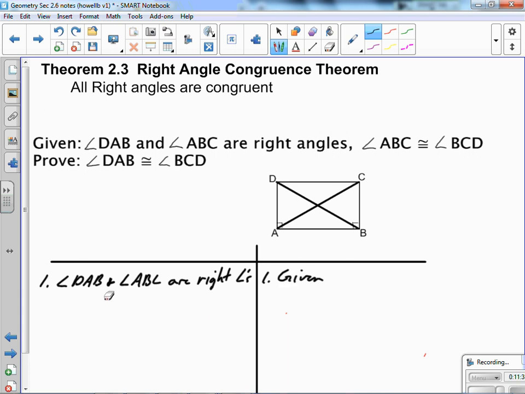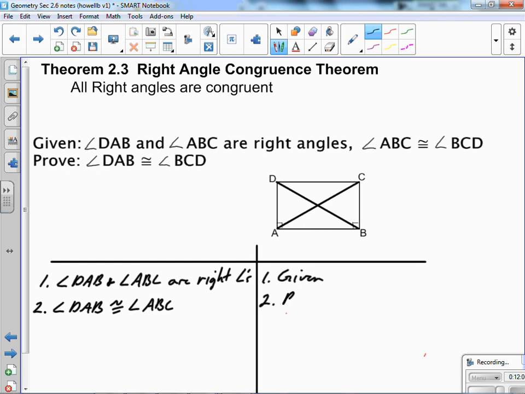And since we know that these two angles are right angles, this theorem right here, the right angle congruence theorem, tells us that those would be congruent. So knowing they're right angles, now we can switch to say that angle DAB is congruent to angle ABC.